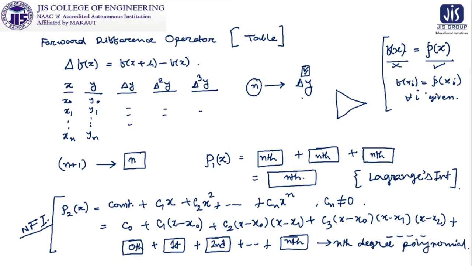Basically this philosophy is used to construct the interpolating polynomial p of x, keeping in mind that it has to be the same as f of x. So our restriction will be there in the construction of p of x. So let us proceed further and see what we get from Newton's forward interpolation formula.